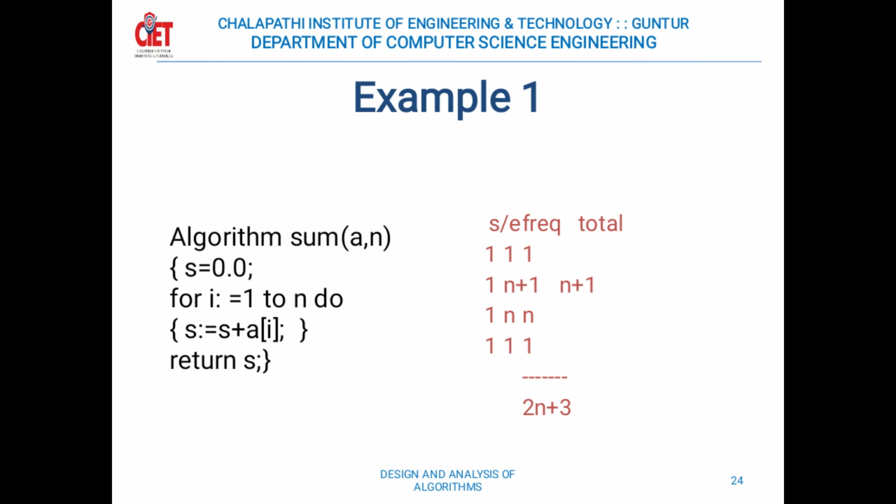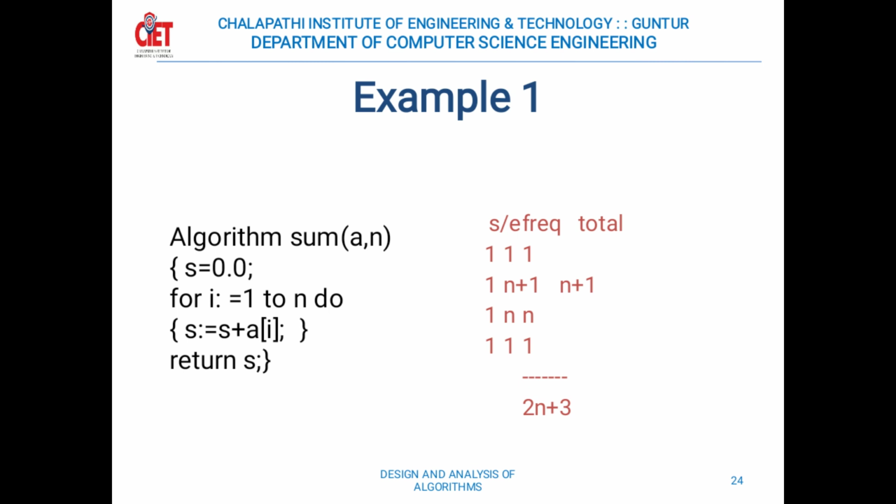For the for loop, the loop variable I requires one step, but it is executed n plus 1 times, so total n plus 1. Next, within the loop, the summation statement s is equal to s plus a of I. It requires one step, but it is executed n times, so its frequency is n.